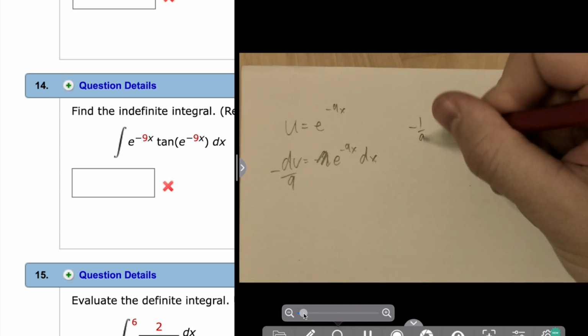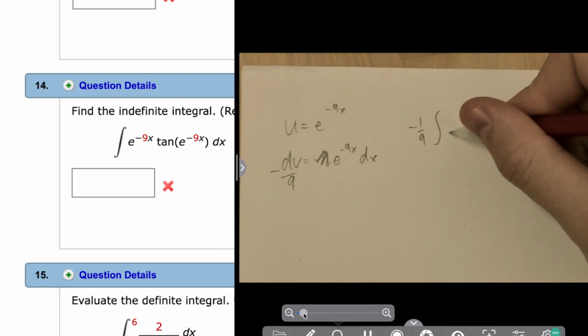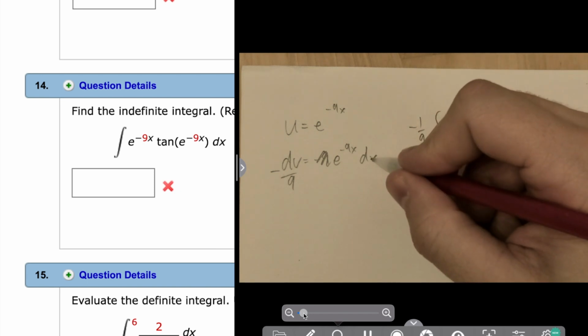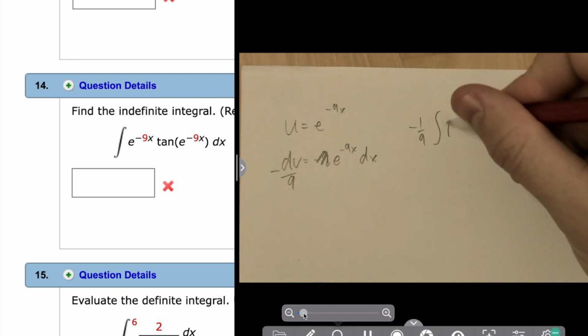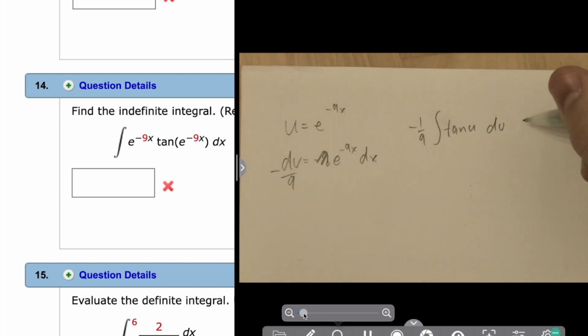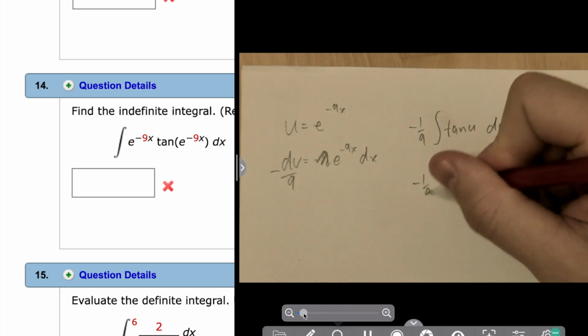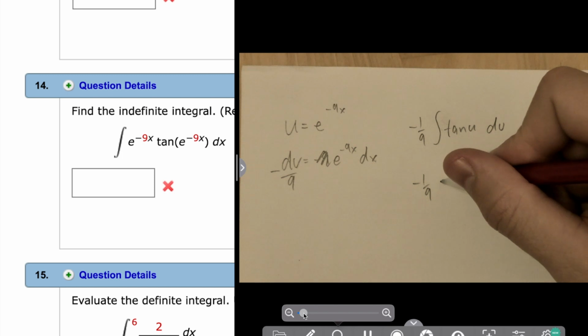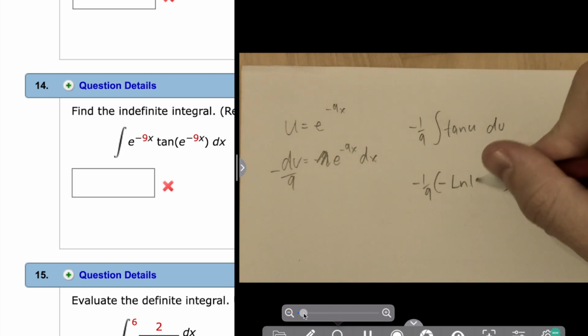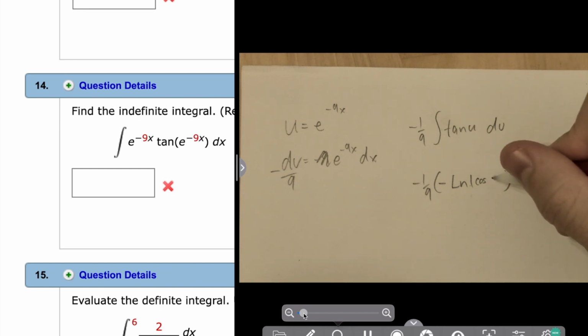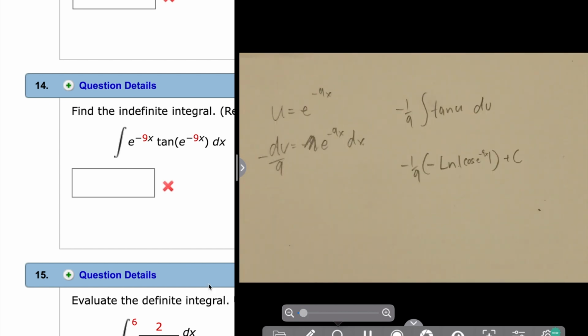Great. So what do we have now? We have negative 1/9 integral of e to the negative 9x dx, which is all collectively that negative 1/9 du. And I now have tangent u left over. And what we saw before was, well, tangent comes from the negative ln of cosine of u, and u is e to the negative 9x plus c, and we're going to deal with that double negative.